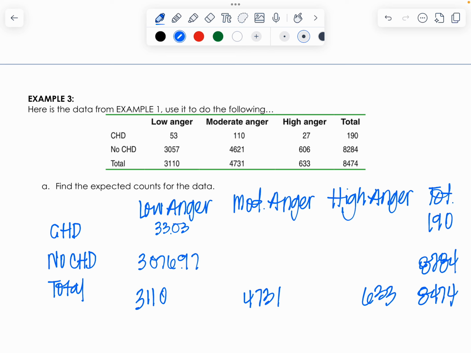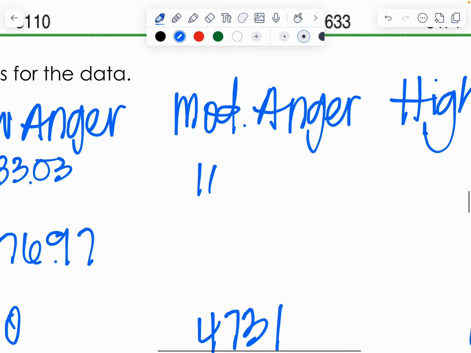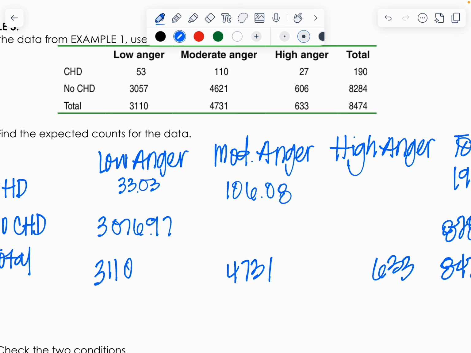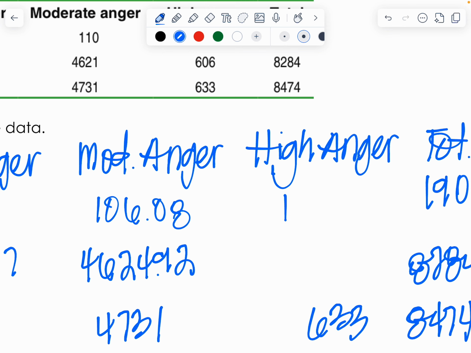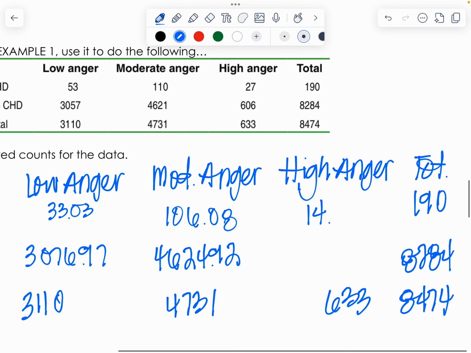Then if I do 190 times 4731 divided by 8474, I get 106.08. Now 4731 minus 106.08 is 4624.92. And then 190 times 633 divided by 8474 is 14.19. We get 618.81.